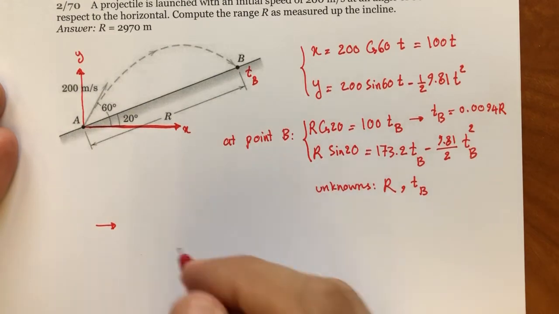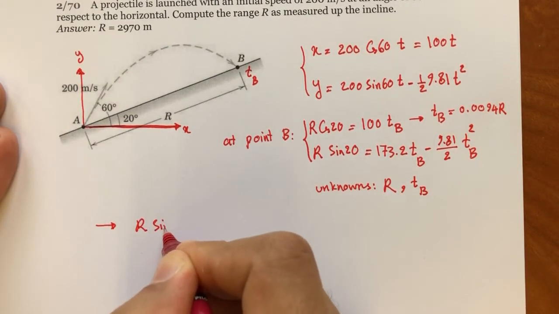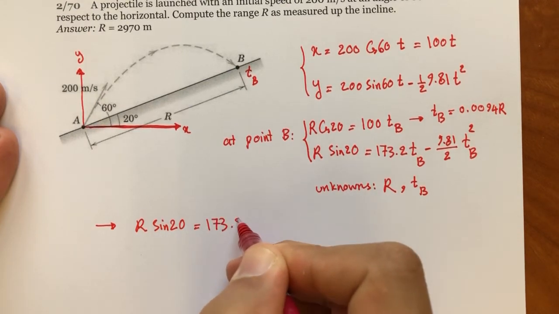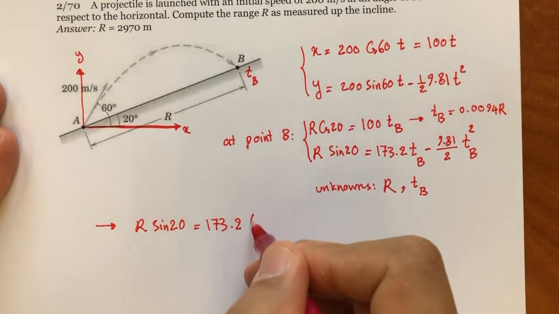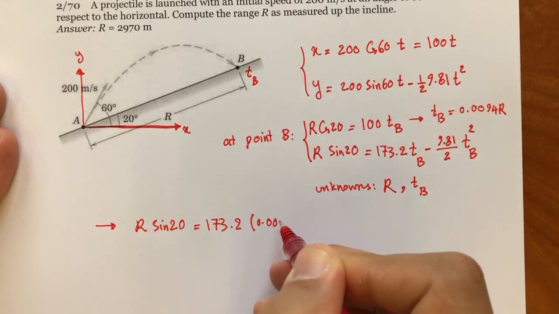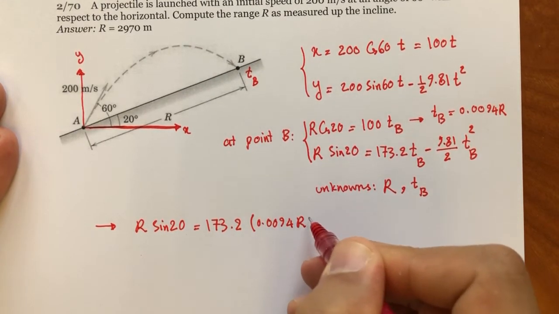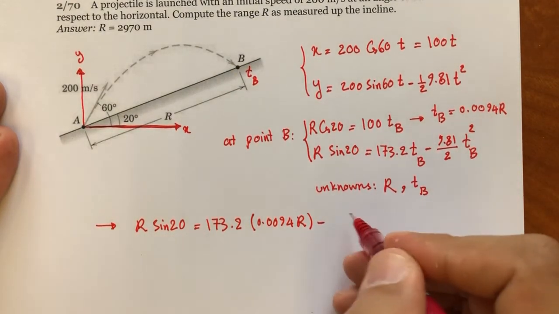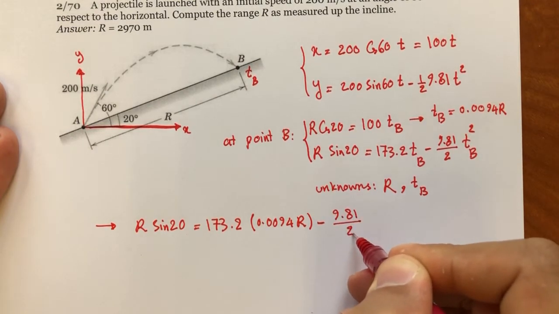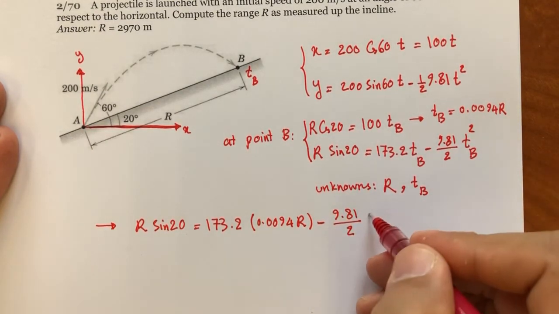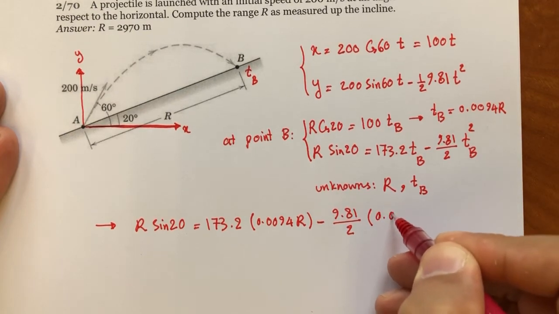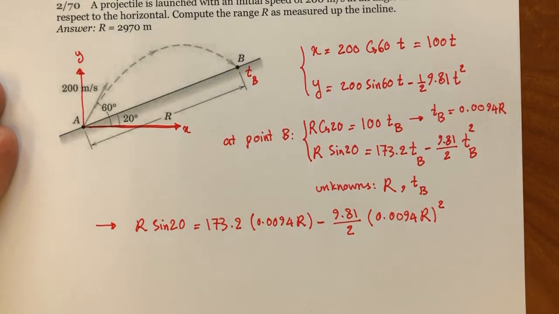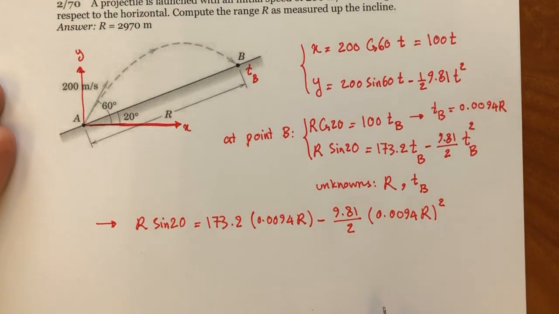So r times sine of 20 is going to be equal to 173.2 times tb, which is 0.0094 times r, minus 9.81 divided by 2 times tb squared, which is 0.0094 times r squared. And of course, this is a quadratic equation.